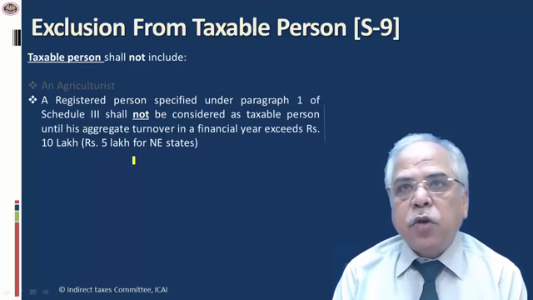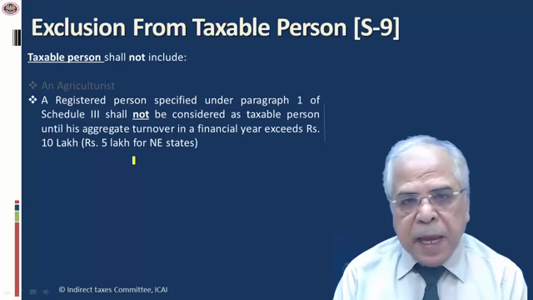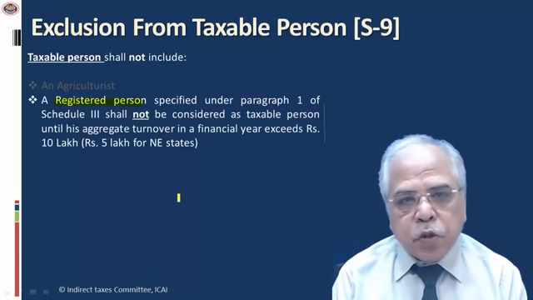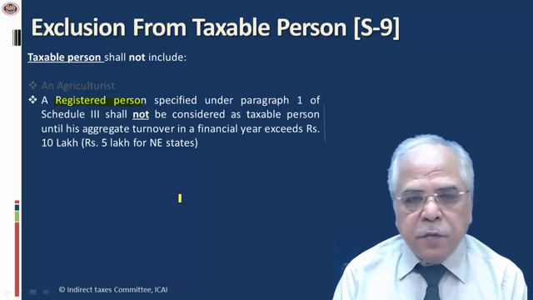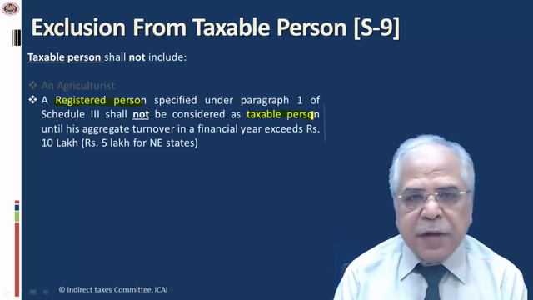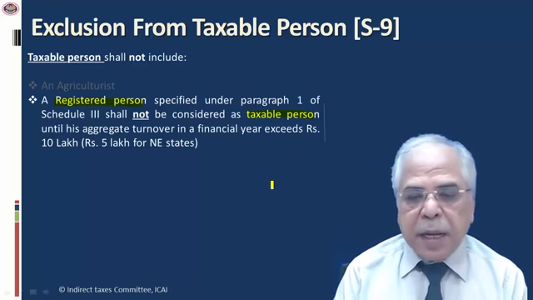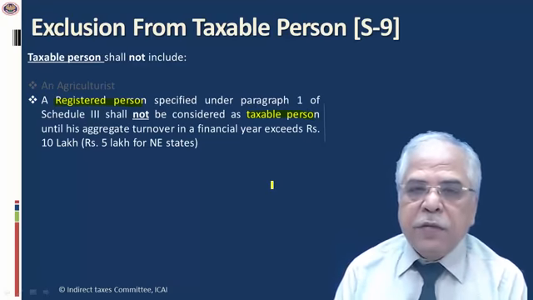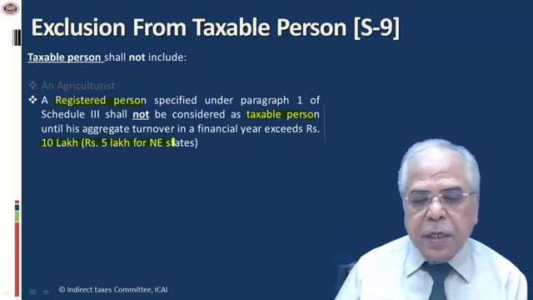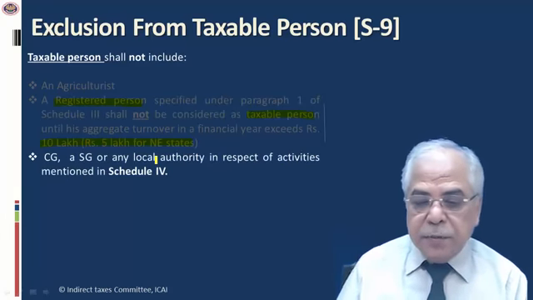Meaning thereby, as I told you, registered person and taxable person are two different concepts in GST. I am supposed to seek registration when my turnover of supplies exceeds 9 lakh generally and 4 lakh in the case of north-eastern states. But my liability will start only when my turnover exceeds 10 lakh generally and 5 lakh in the case of north-eastern states.